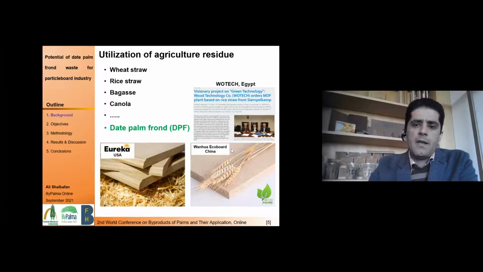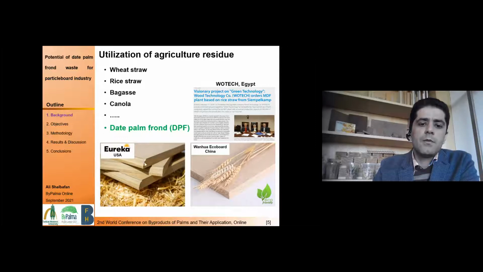As you may know, for example, a company in China started some years ago to produce particle boards out of wheat straw, called Wanhao EcoBoard, and a company in the USA under the brand name Eureka started to produce MDF from rice straw, and recently Wotec in Egypt commissioned a factory for manufacturing MDF from rice straw as well. Other agricultural residues like bagasse, canola, etc. also have good potential for board production.